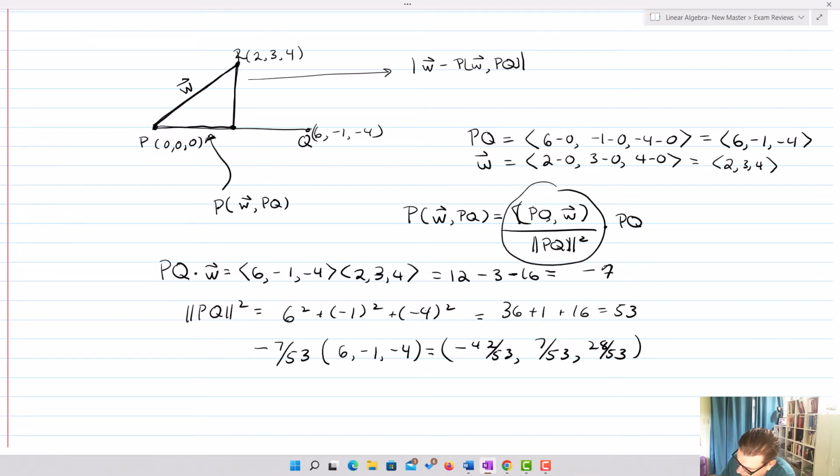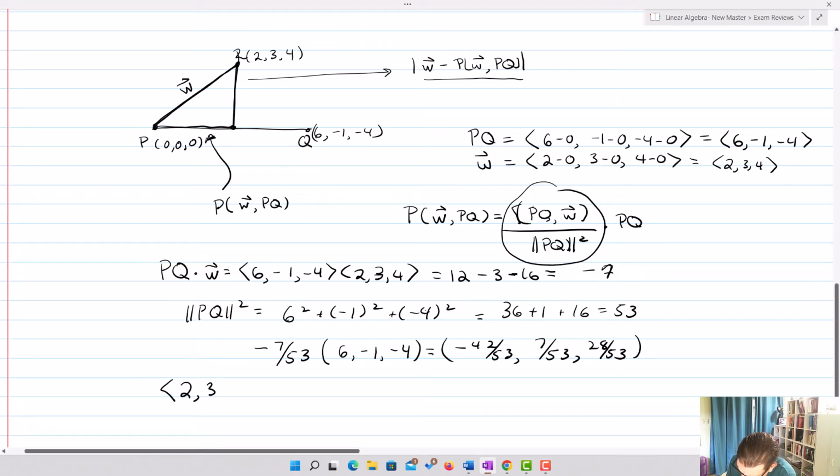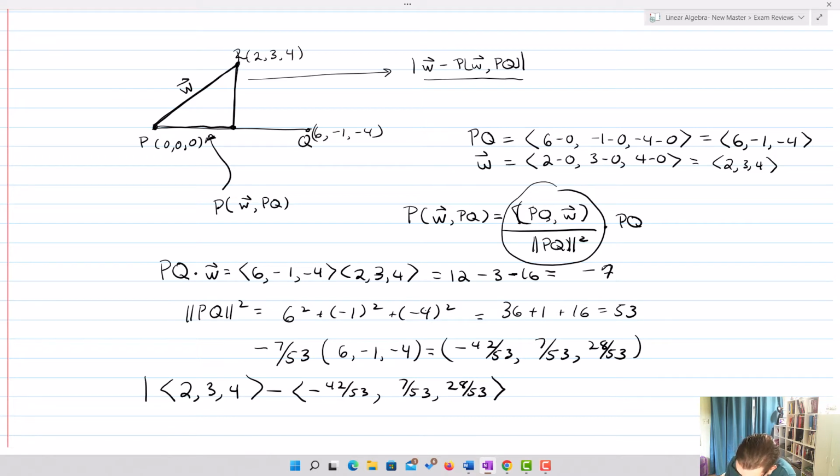Great. And now we just need to find the subtraction of W minus the projection. So W minus the projection, so this is going to be 2, 3, 4, minus negative 42 over 53, 7 over 53, 28 over 53. We'll find the magnitude of that in just a moment. But first we're going to do the subtraction.